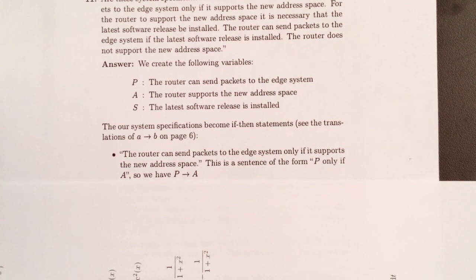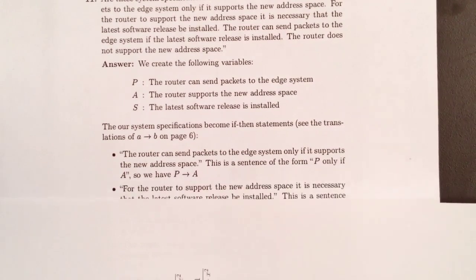For A. Is A the first part, the hypothesis, or the conclusion? Is it A arrow or is it arrow A?